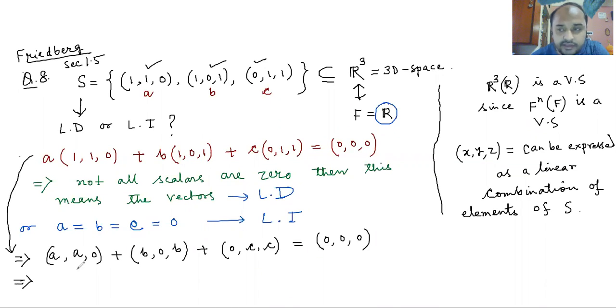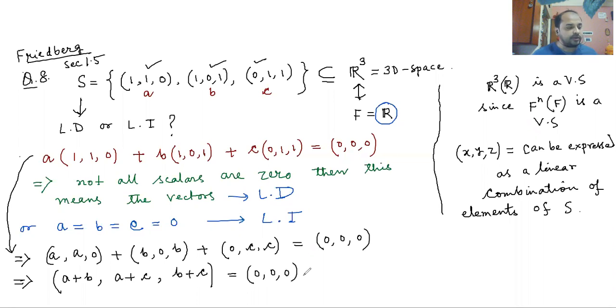Then we can apply the coordinate-wise vector addition. So the first coordinate becomes a plus b plus 0, the second one is a plus c, you can check it very well, and the third one is b plus c, and that equals (0, 0, 0), which is the zero vector of the vector space R3.